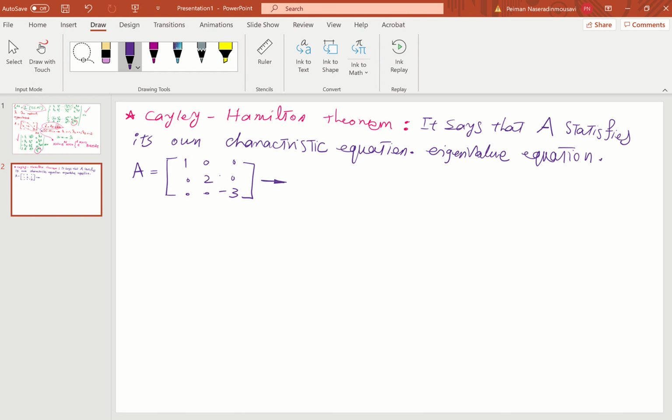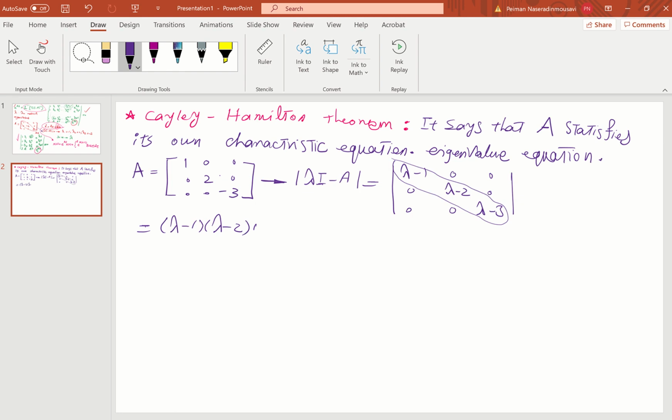The characteristic equation is the determinant of lambda I minus A, which is the matrix lambda minus 1 0 0, 0 lambda minus 2 0, 0 0 lambda minus 3. Simply because this is a diagonal matrix, its determinant is going to be lambda minus 1 times lambda minus 2 times lambda minus 3, that's right.